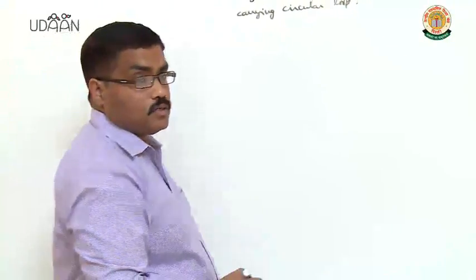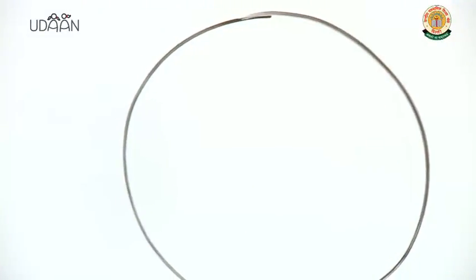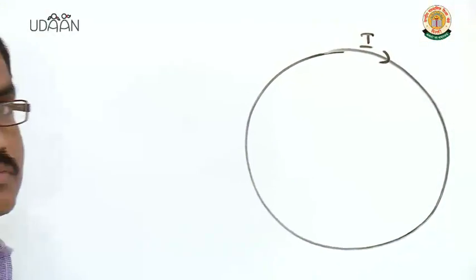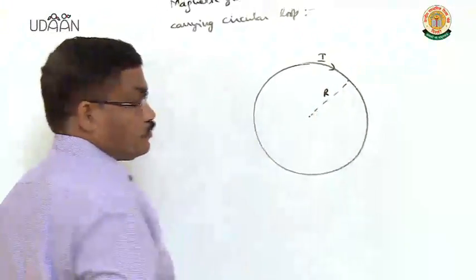Suppose you're given a circular loop, a current carrying circular loop, say current I is flowing through it. Radius of this circular loop is say R.